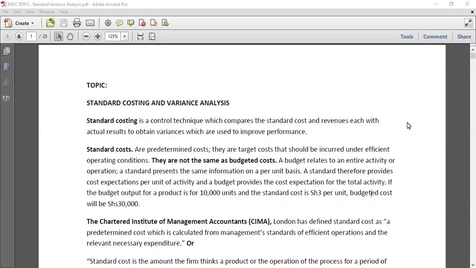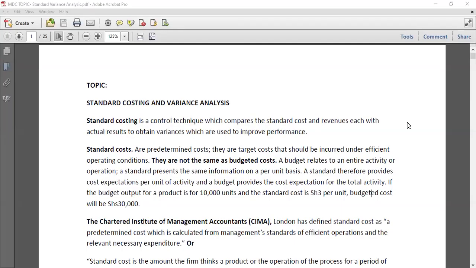So you know that when we speak about standard costing and variance analysis, yours is to first divide these two things. First, understand what standard costing is, and then we shall try to understand what variance analysis is. Standard costing in simple terms is setting standards. There could be a standard cost, and it could also be a standard price.